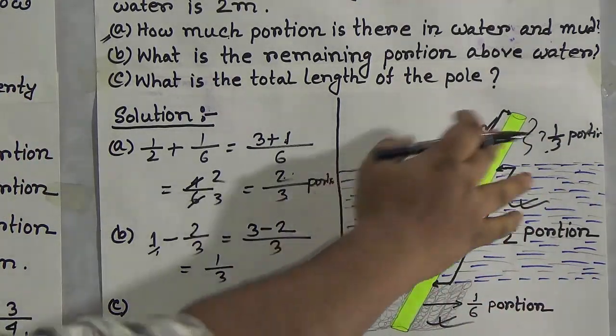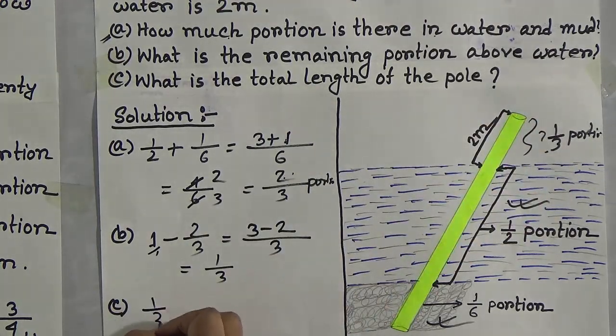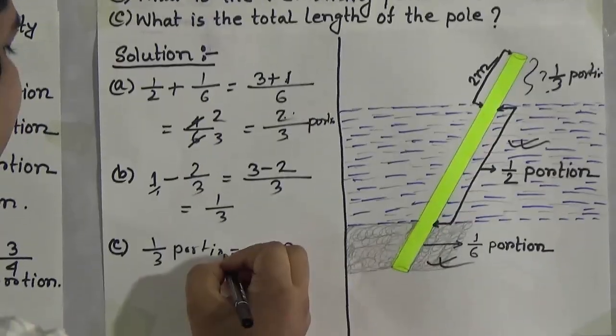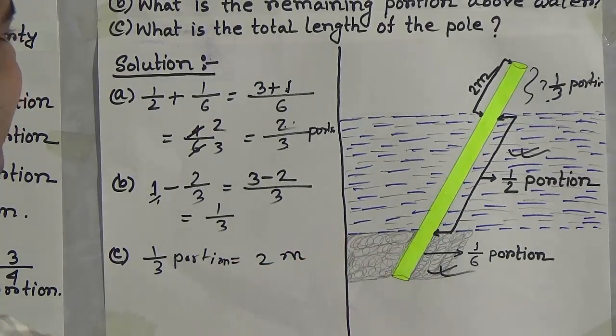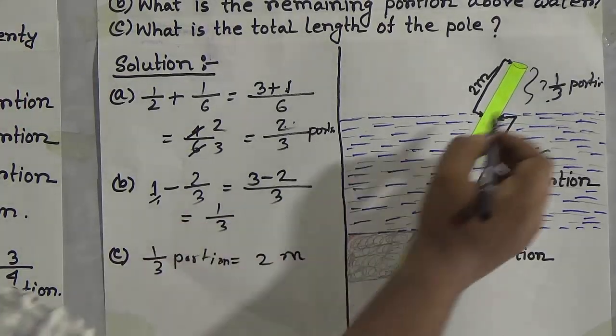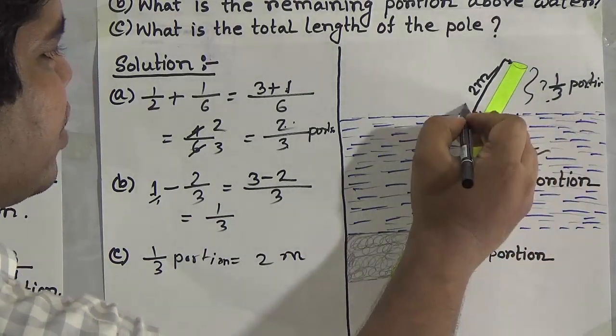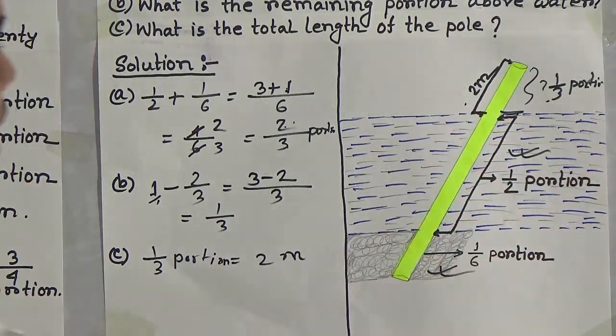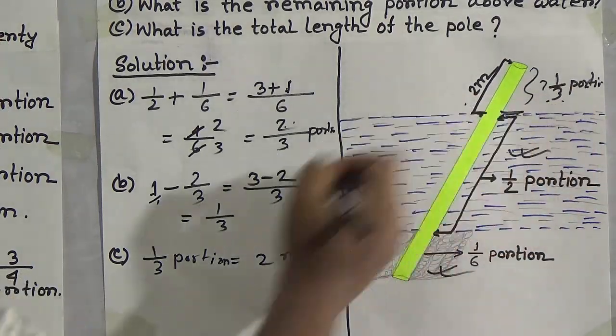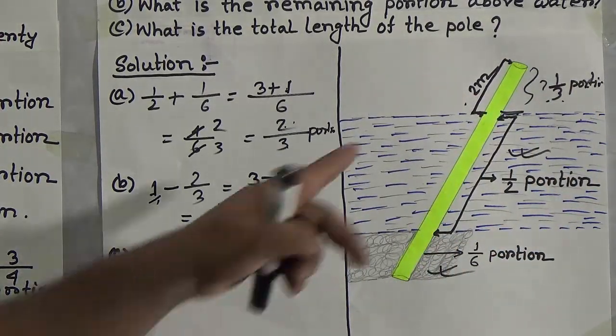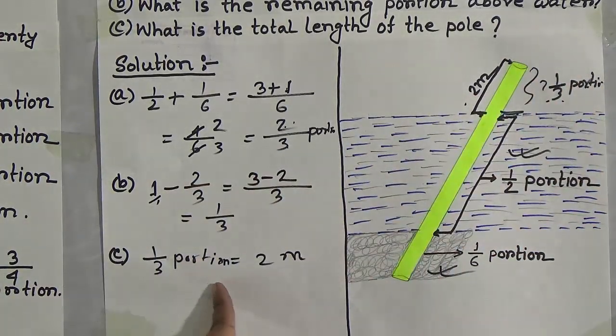So from this question we can write 1/3 portion equal to 2 meter. Do you understand? Student, notice 1/3 portion and 2 meter both are equal. For this reason we write here 1/3 portion equal to 2 meter. Here we consider the total length of the pole is 1.